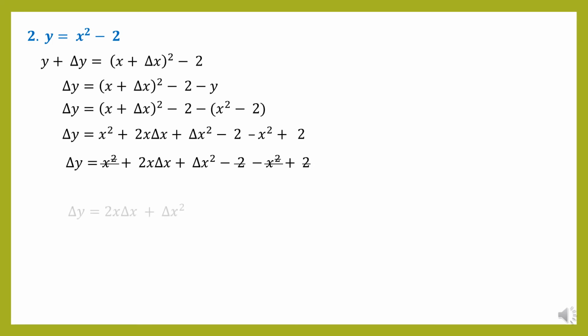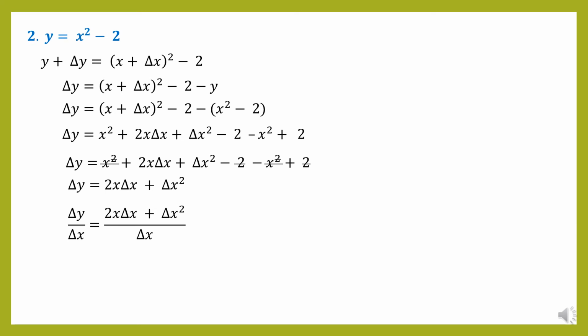Therefore, we have now the increment of y, which is equal to 2x times increment of x plus increment of x squared. And the next is we're going to divide the entire equation by increment of x. So therefore, increment of y divided by the increment of x equals 2x times increment of x plus increment of x squared divided by increment of x.